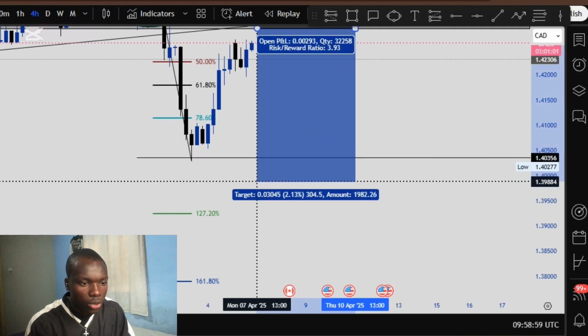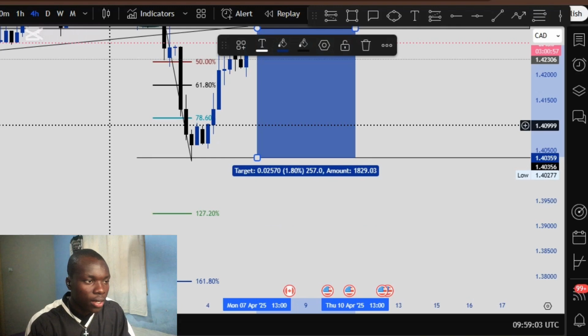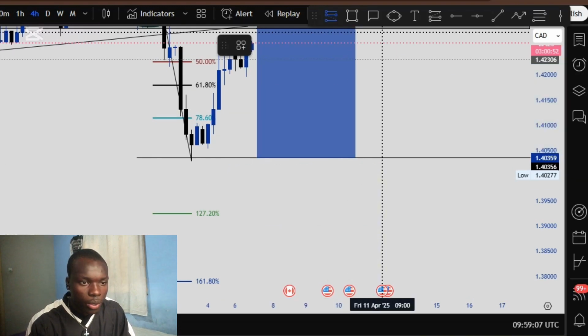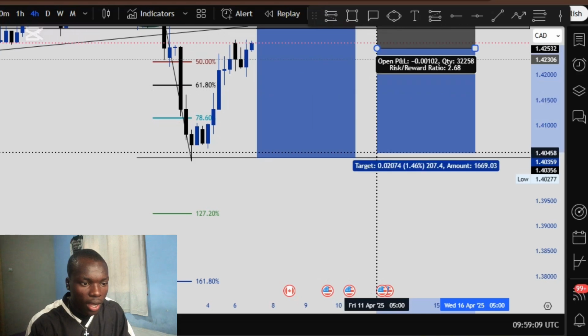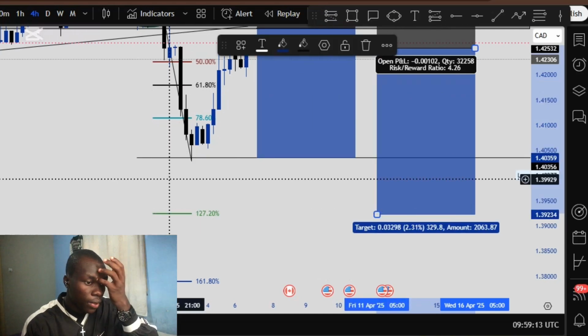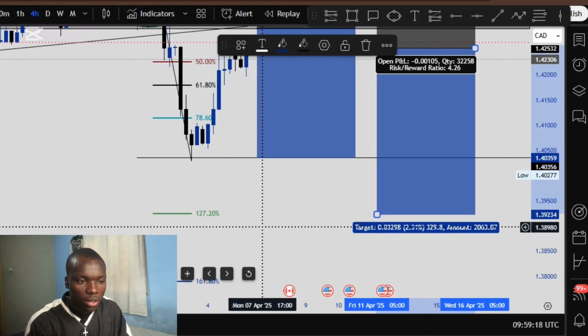So this should be my first, this will be the TP1. So TP2 will be around here, this fib level 127. This fib level 127.02.